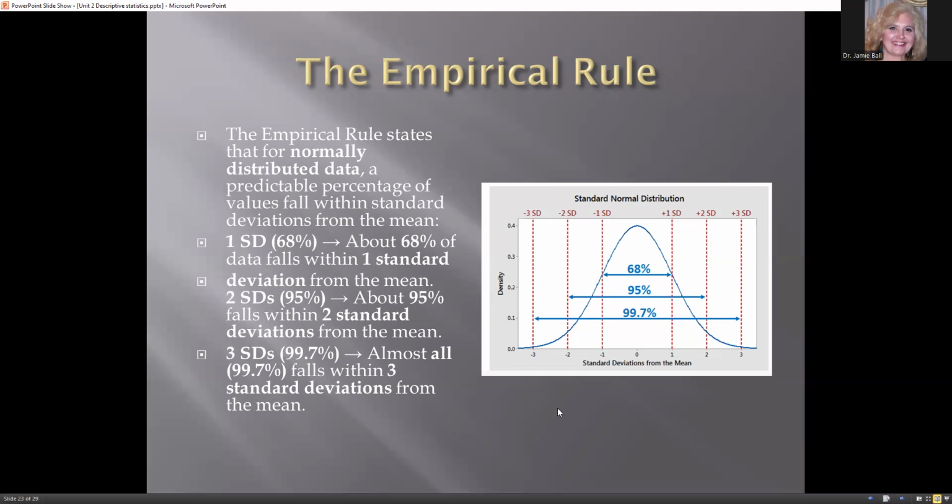So that means it's 68% likely a score is within the first standard deviation of the mean. 2 standard deviations means it's within 95% of the data. 3 is 99.7%. Almost all data will fall within 3 standard deviations from the mean. If it's above that, it's an extreme outlier.